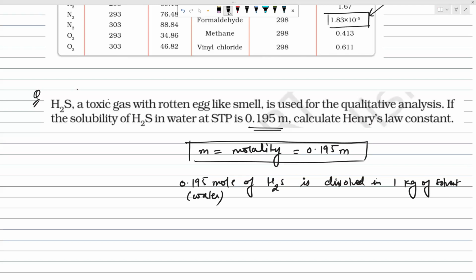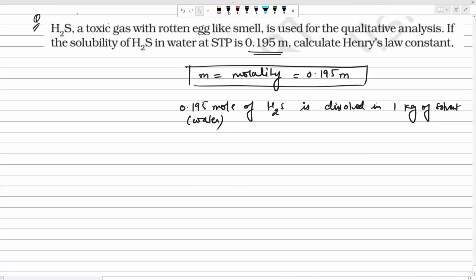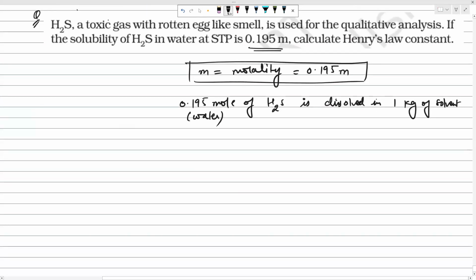Understood? Now you need to calculate the mole fraction of H2S. You remember, the mole fraction of H2S will be equal to the number of moles of H2S upon the number of moles of H2S plus the number of moles of H2O.